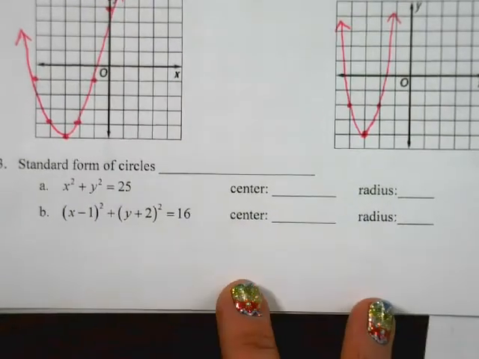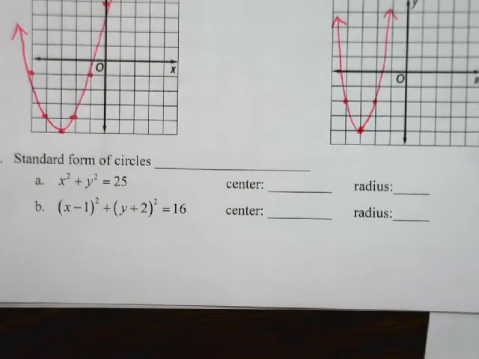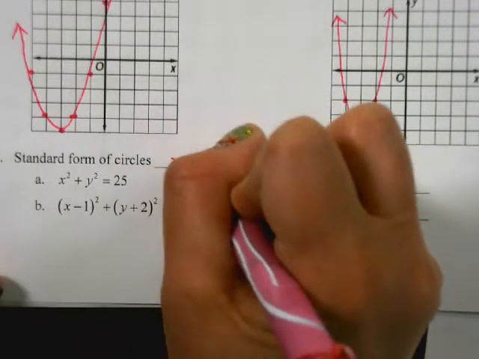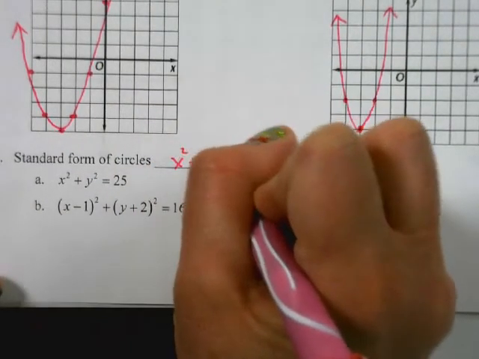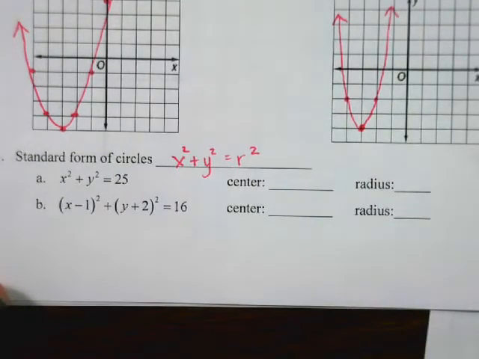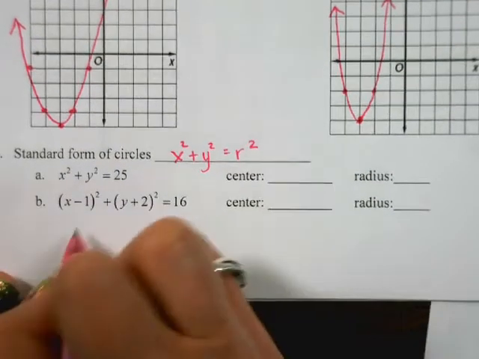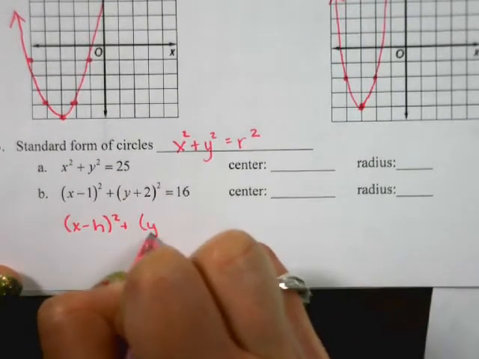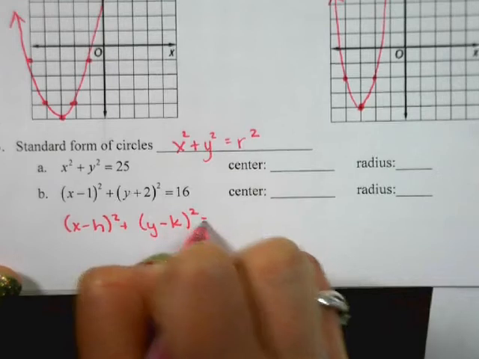But number 3 there says the standard form of a circle. x squared plus y squared equals r squared, or if I write them down here, (x minus h) squared plus (y minus k) squared equals r squared.